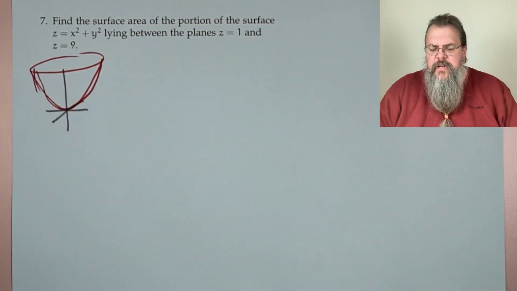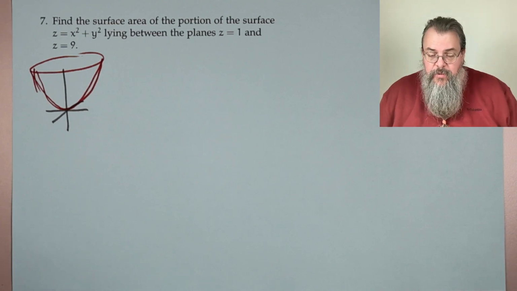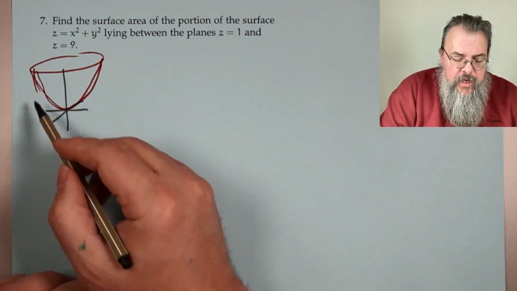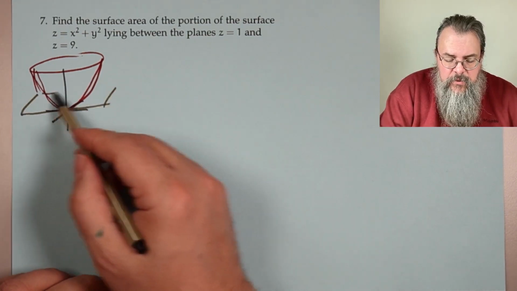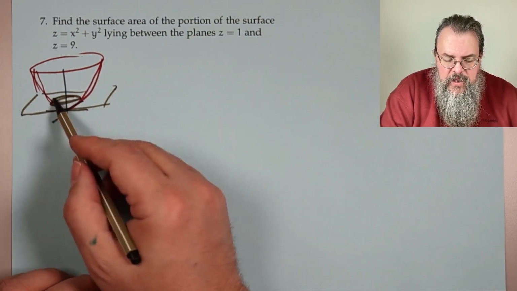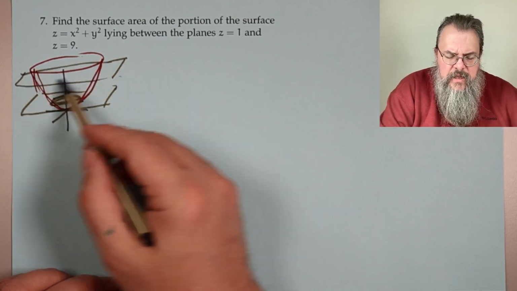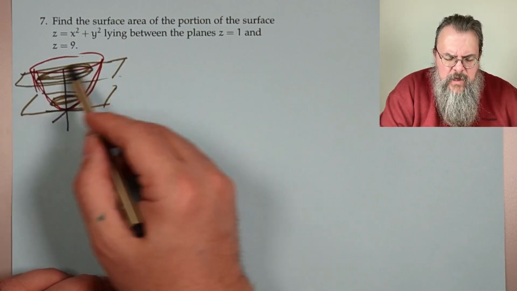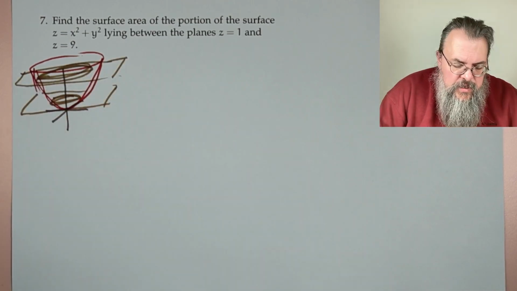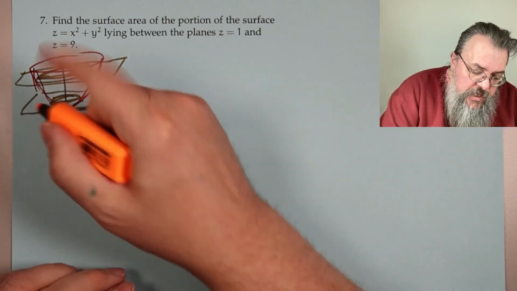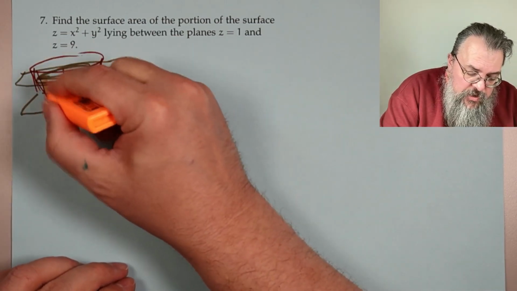Now what's happening? Well, we're going to slice the bowl and say, look, we're not trying to find the surface of the whole bowl. We're going to take a slice down below at z equals 1. So we got the bottom. And then we're going to take another slice at z equals 9. And that's the top. And so, my picture is getting somewhat convoluted here, but we're just finding the area in between there.